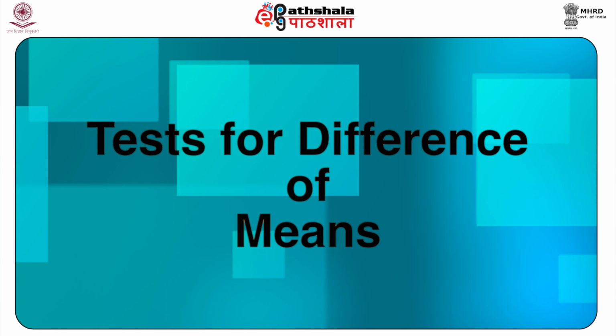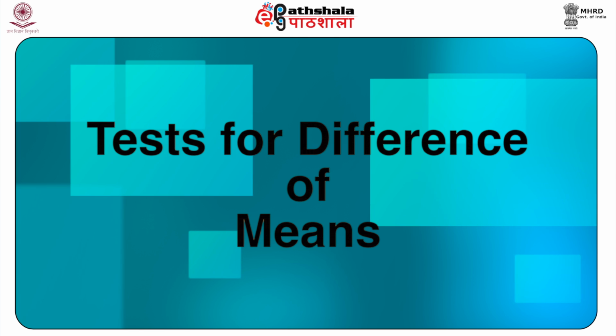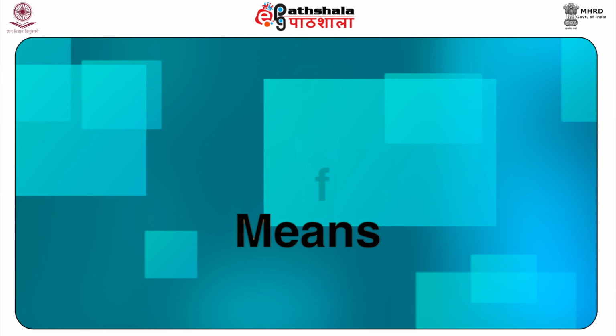Let us now try to understand the tests for difference of means. In testing for difference of means, we may like to know if the two population means are equal, or we may wish to test if one mean is greater than the other. The difference in mean values will be denoted by lambda and the null value by lambda 0.